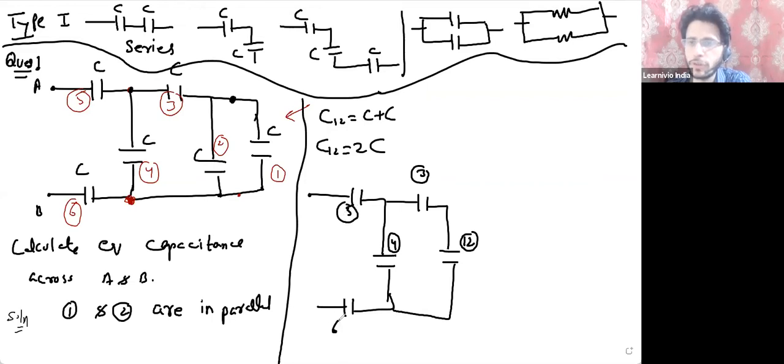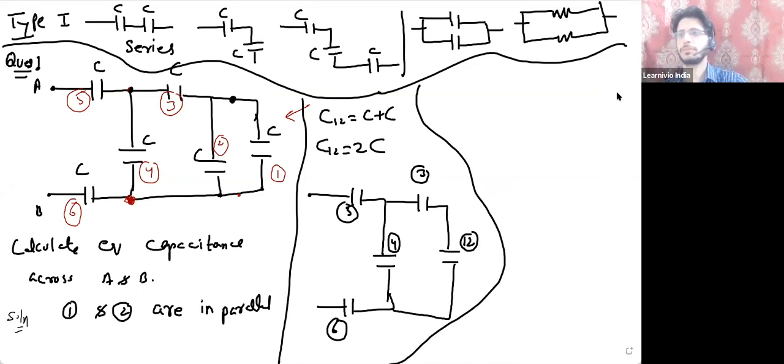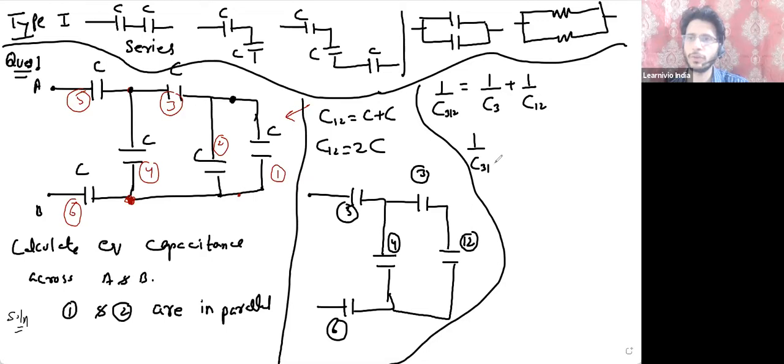Now, can you decide which of them are in series and which are in parallel? C3 and C12 are in series. If they are connected in series, then 1 by C312 is 1 by C3 plus 1 by C12. 1 by C3 is 1 by C, and 1 by C12 is 1 by 2C.